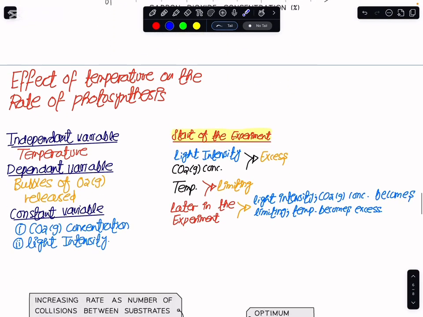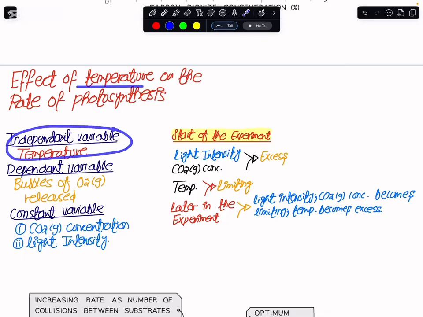Now moving onward, we cannot neglect the effect of temperature on the rate of photosynthesis. Again, my independent variable here is the temperature that I have to change. My dependent variable would again be the bubbles of the oxygen gas released. Among the constant variables, we have to think of the other external factors apart from the temperature, and we know those are the carbon dioxide and the light intensity.